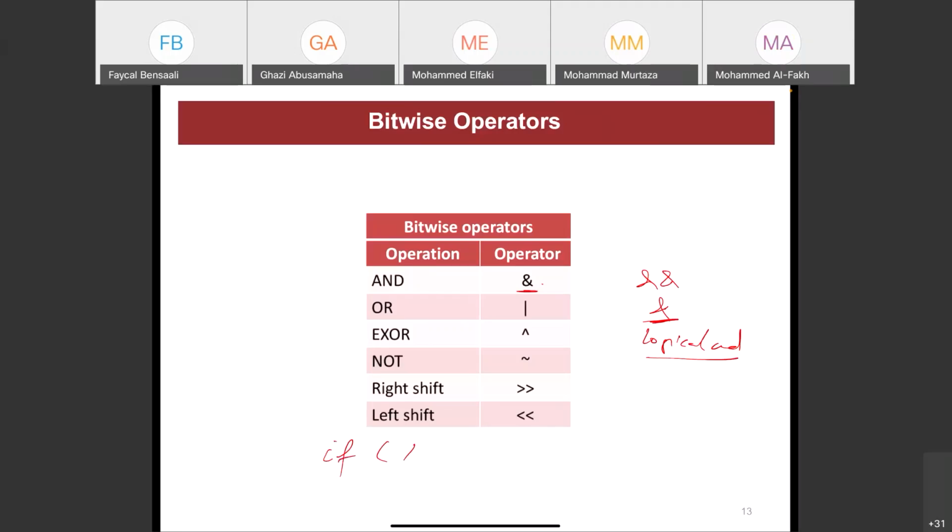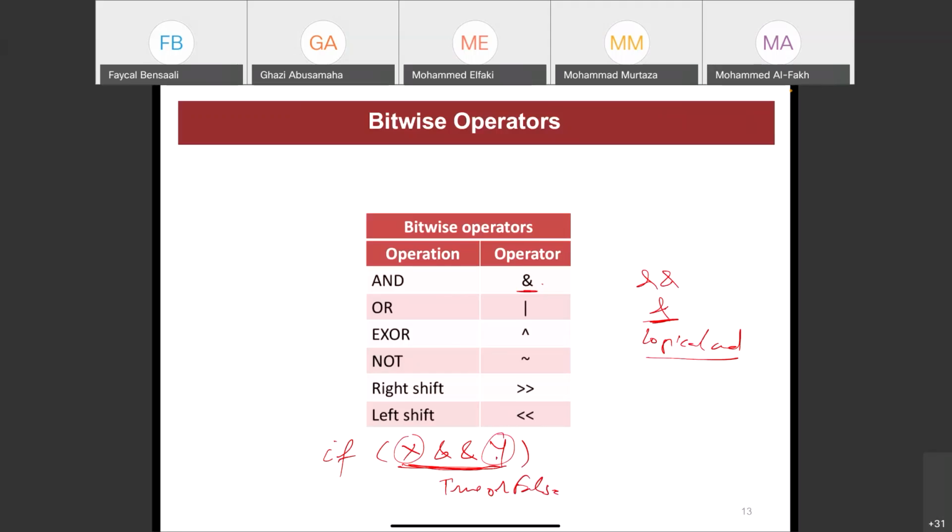We say, for example, if x and y, and this will return true or false. If x is 0 and y is 0, both are false, so it will be false. If they are both 1, then the condition will be true. So it returns true or false.